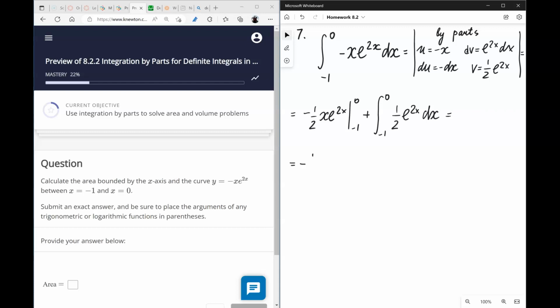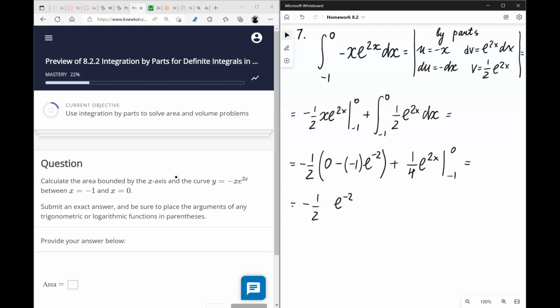Plugging in the boundaries into the antiderivative using the fundamental theorem of calculus, so it's 0 minus negative 1 e to the power negative 2, plus, here we have to find the antiderivative, and then we plug the limits, and we're almost there.